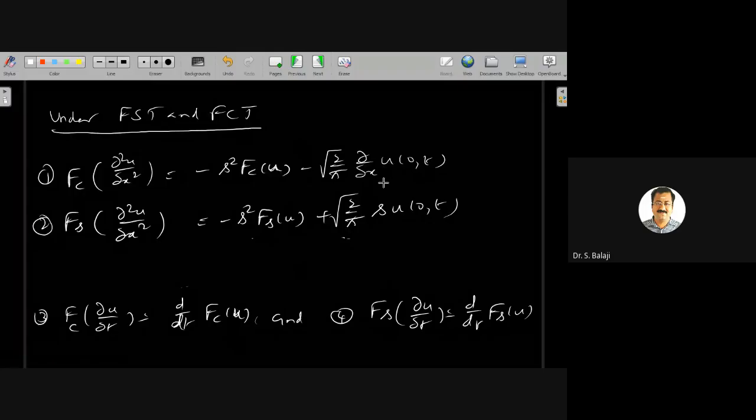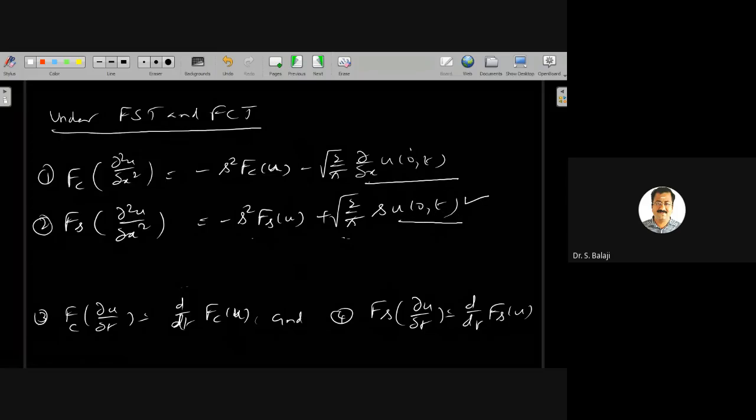One thing you can understand here: if you consider the cosine transform, you get ∂/∂x of u of 0 comma t; if you consider the sine transform, you get u of 0 comma t. Here, u of x comma t means the temperature distribution throughout the bar, and u of 0 comma t means that at the initial point x equal to 0, the temperature is given. Then you have to adopt the Fourier sine transform.